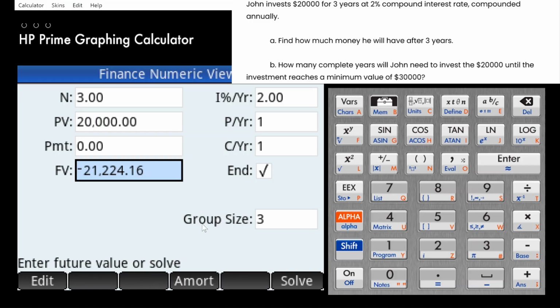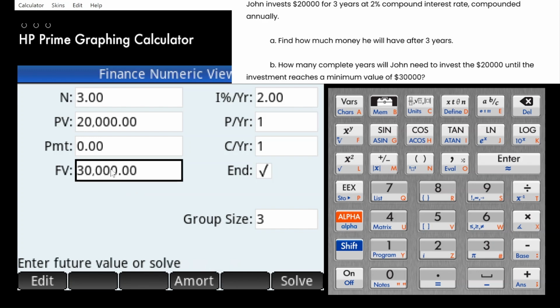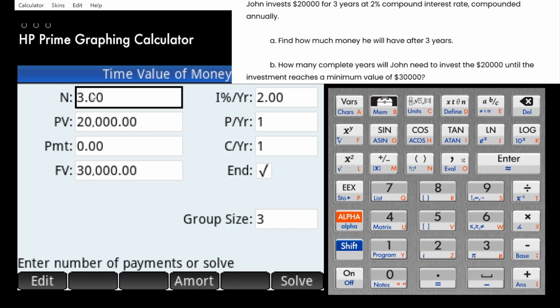For question B, it asks when John will have at least $30,000 in the investment. So we put 30,000 in the FV box. We want to find the number of years to reach this amount in the investment, so we will select the N box. No need to change the value here, and we'll press solve to get the answer.